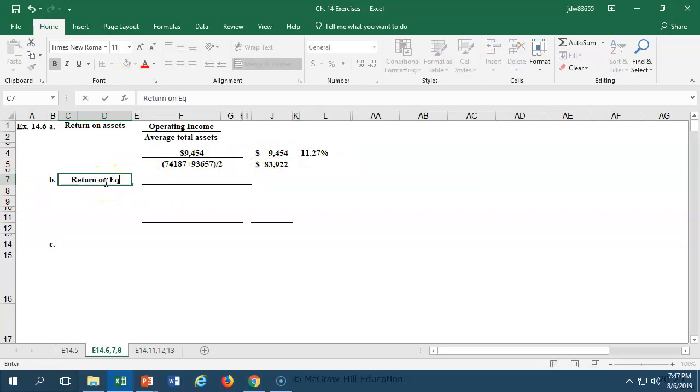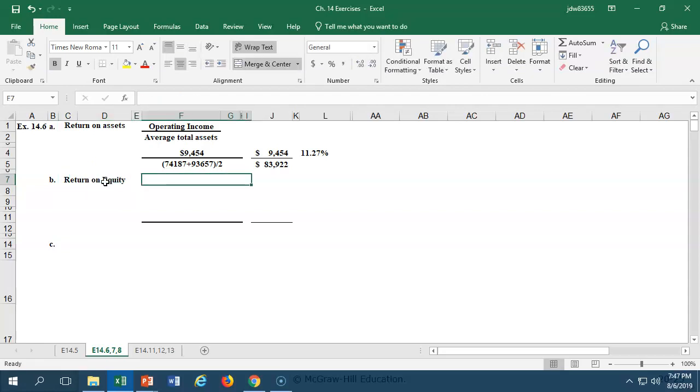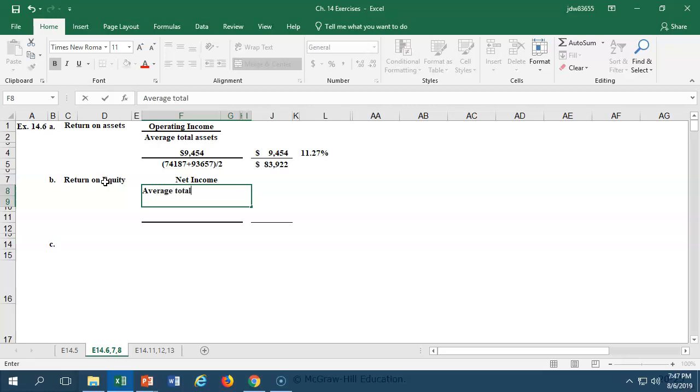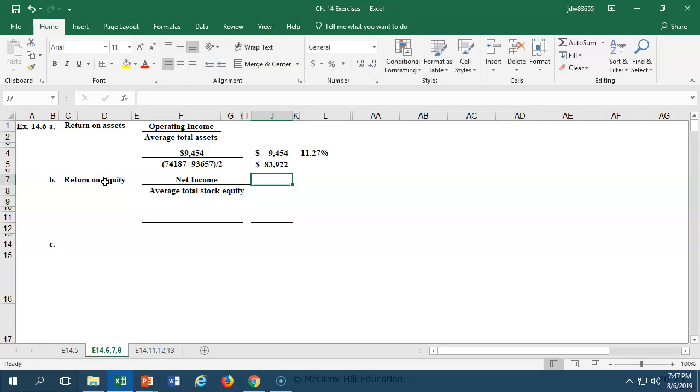Return on equity. The top is going to be net income divided by average total stockholder equity. Net income was 5239.